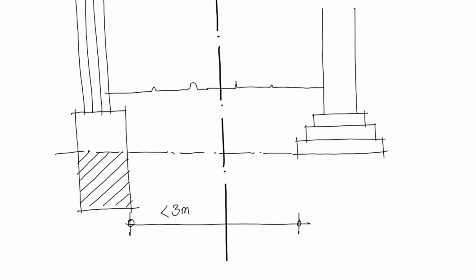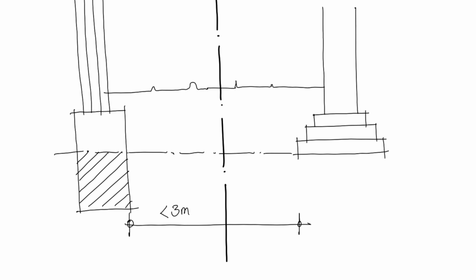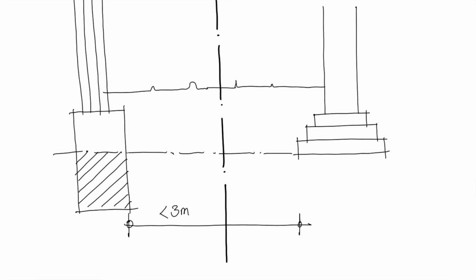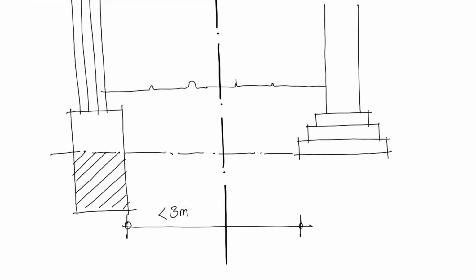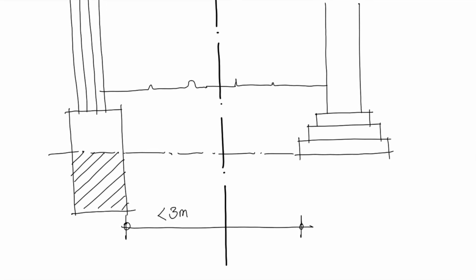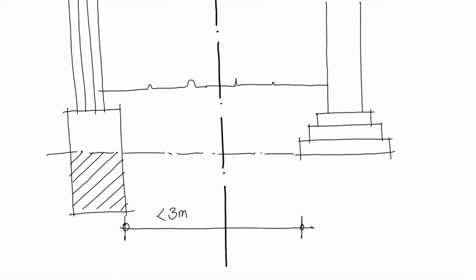So going to look at this little sketch first. What this shows is we're going to cast a lovely 1 meter deep mass concrete trench fill foundation within 3 meters of an adjoining owner's Victorian foundations, which I'm going to assume is a stepped brick.